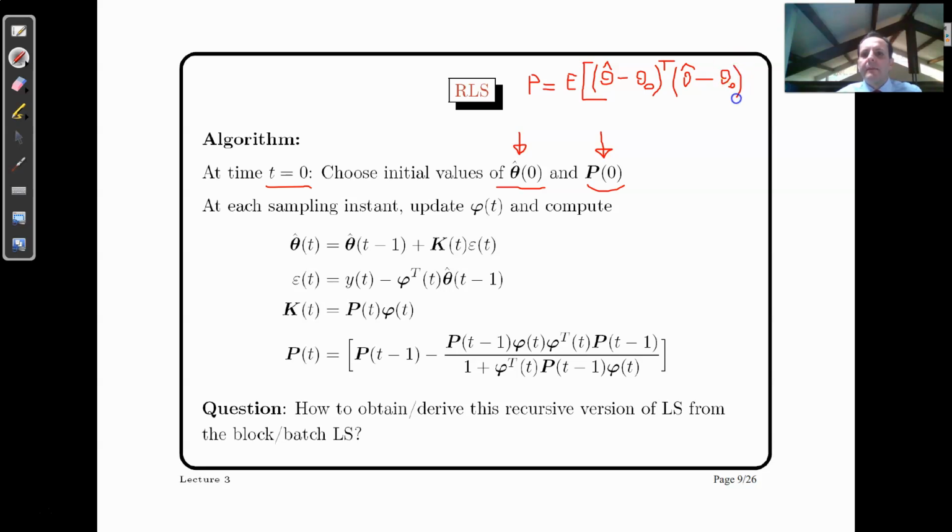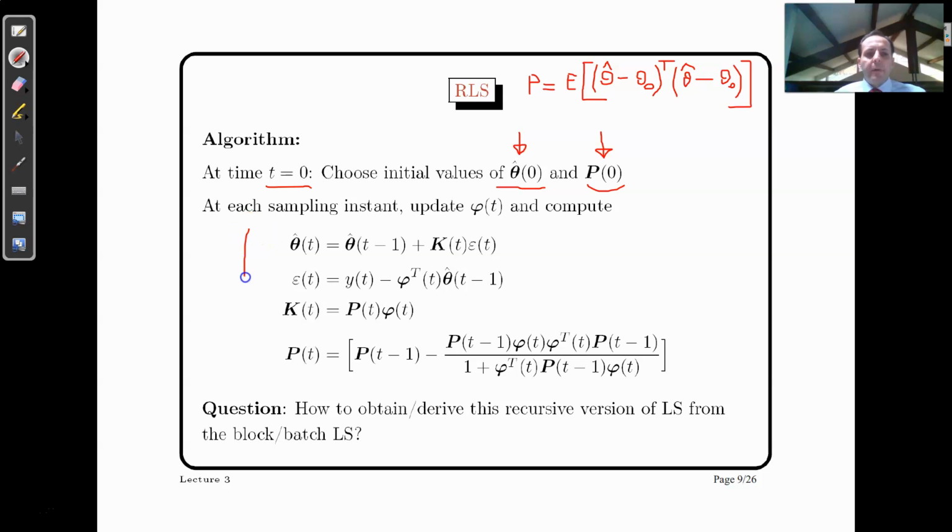So this was the covariance matrix of your estimation. In fact, it represents the error with respect to the real value, so it gives you a measure of the accuracy of your estimation.